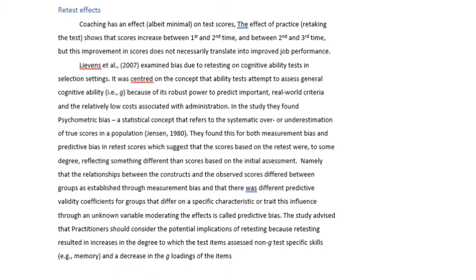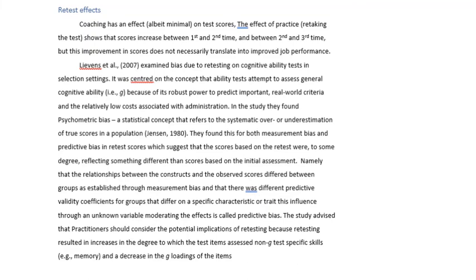Namely, that the relationship between the constructs and the observed scores differed between groups, as established through measurement bias, and that there were different predictive validity coefficients for groups that differ on specific characteristics or traits. This influence of an unknown variable moderating the effects is called predictive bias.